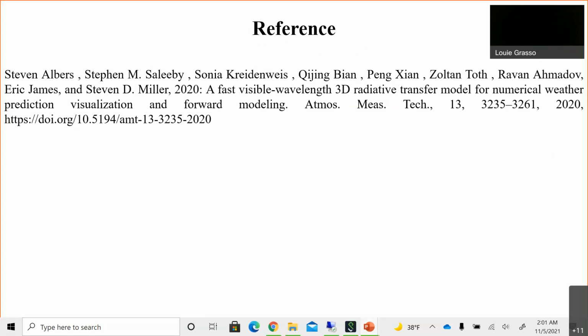SWIM has its own vertical grid, so you have to take the RAMS output, in particular the microphysics, and there are 8 different microphysical species in RAMS, and interpolate them to the SWIM vertical grid levels. There are also issues with the topography, because you want to make sure that when you fly, you don't fly into a ridge or anything like that.